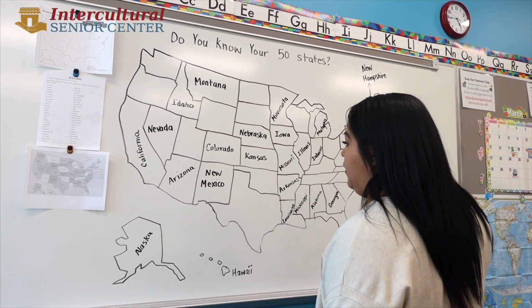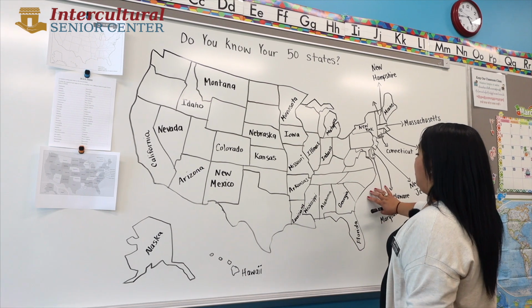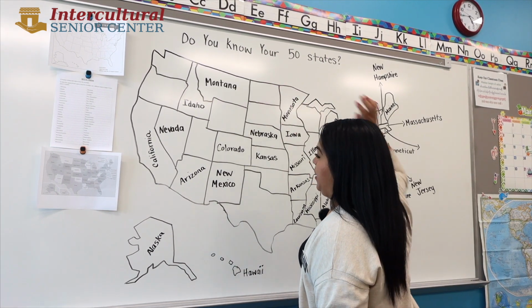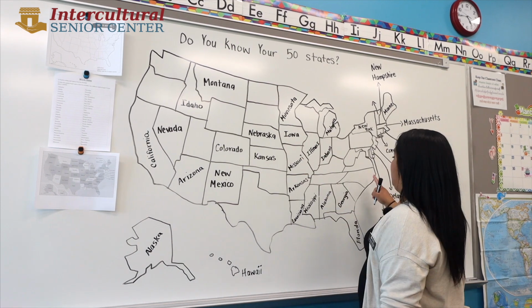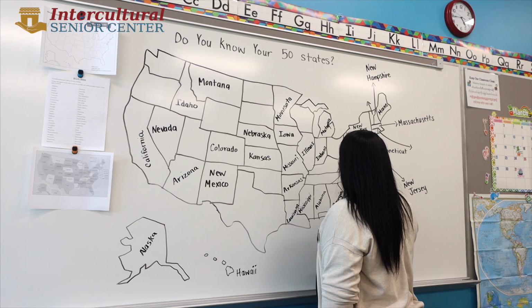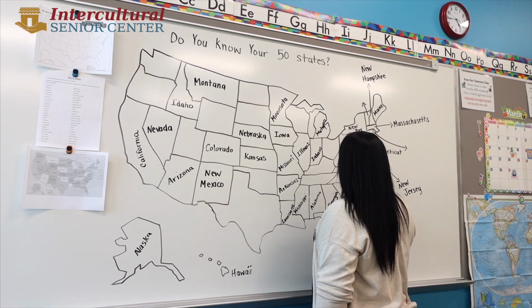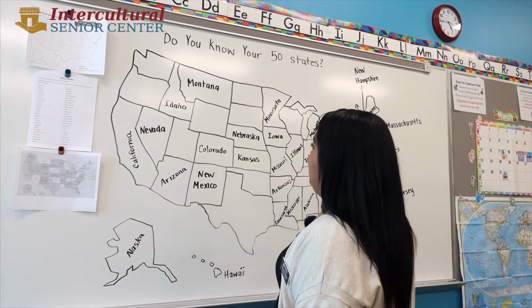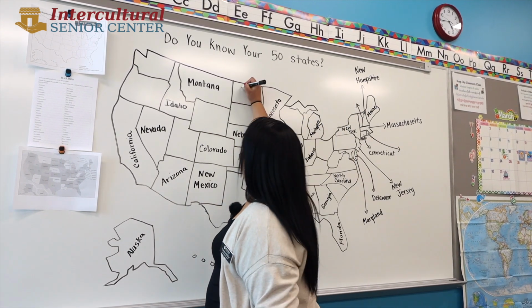North Carolina, the Carolinas are down here, north and south, and then the North and South Dakotas are up here. So we'll go to North Carolina, which is this one. North Carolina, and then we're going to go up to do North Dakota.